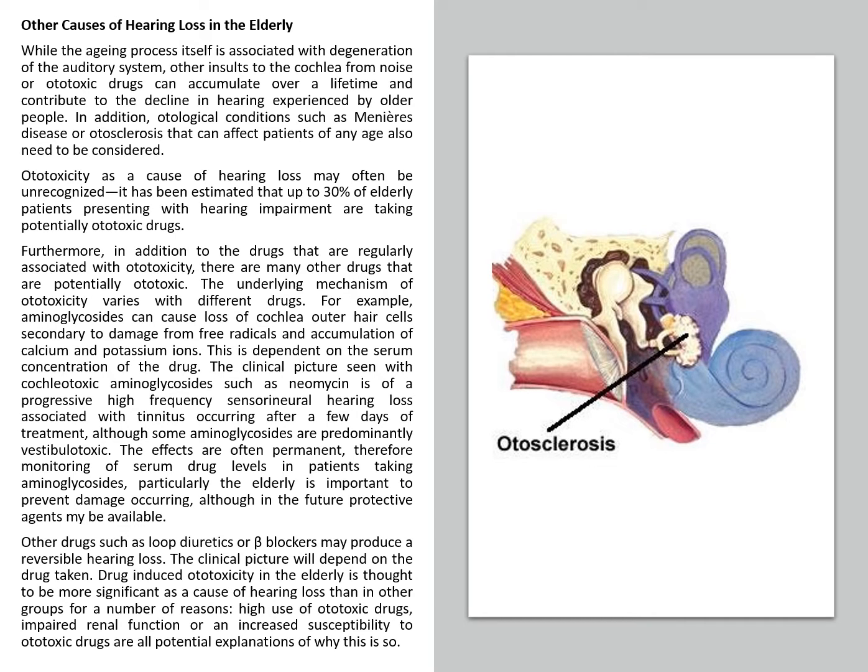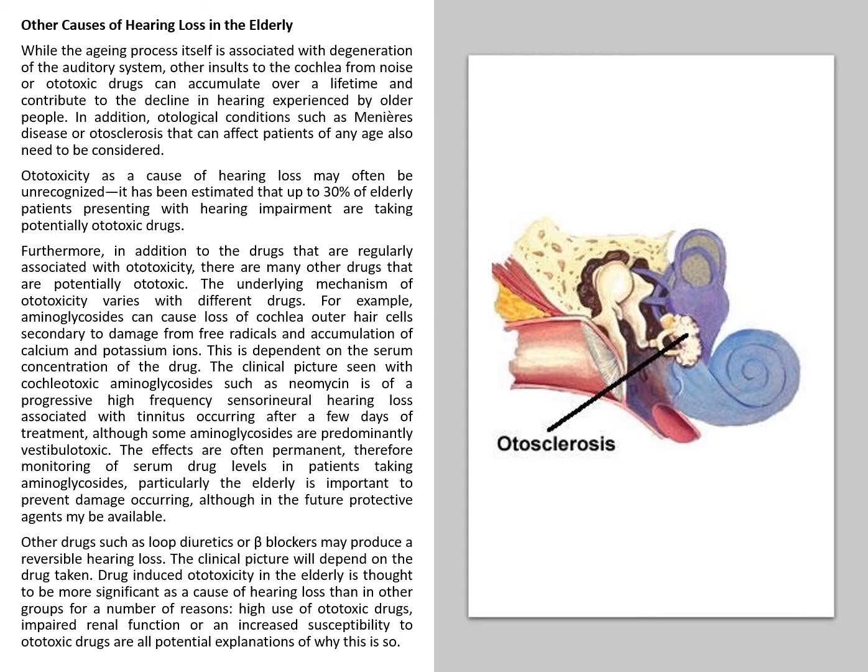Furthermore, in addition to the drugs that are regularly associated with ototoxicity, there are many other drugs that are potentially ototoxic. The underlying mechanism of ototoxicity varies with different drugs. Other drugs, such as loop diuretics or beta blockers, may produce a reversible hearing loss. The clinical picture will depend on the drug taken.